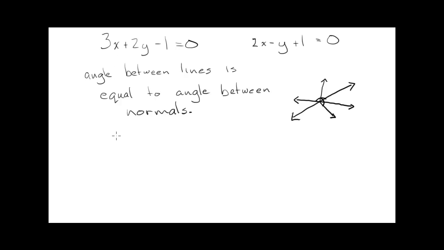Okay, so now let's look at the normal vectors. Normal 1: remember, normal is just the coefficients, 3, 2. And normal 2 would be the coefficients 2, -1. There you go. There's your two normal vectors.